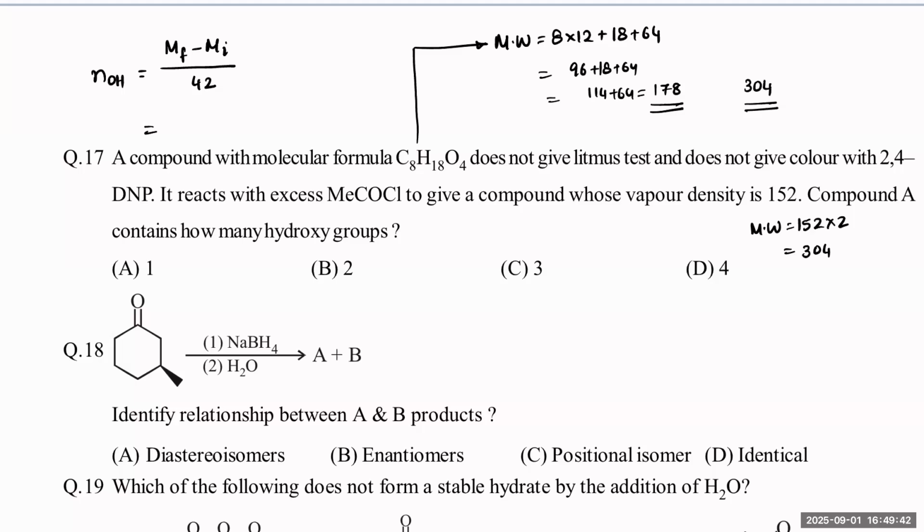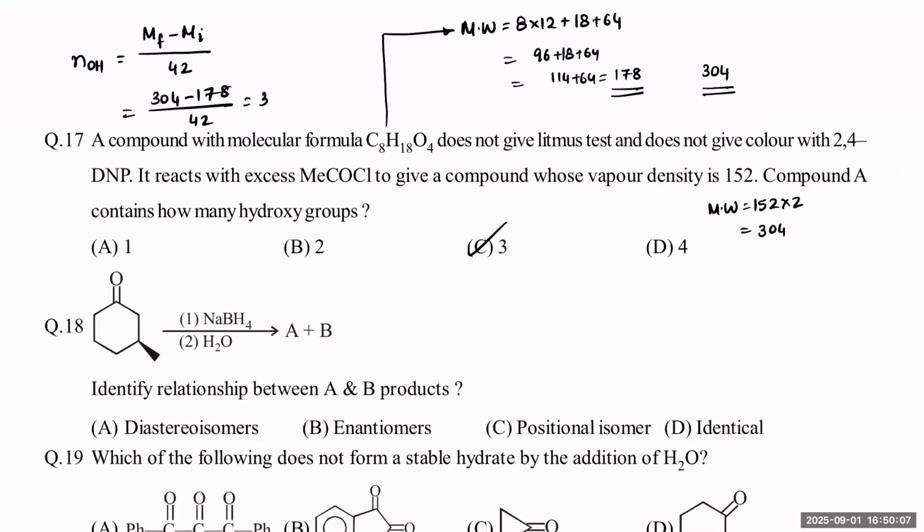Therefore it is 304 minus 178 divided by 42, correct? Any doubt here? So how much are we getting? Approximately 3. Any doubt on the 17th one?